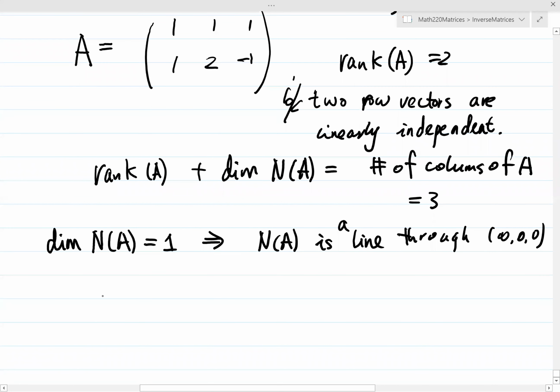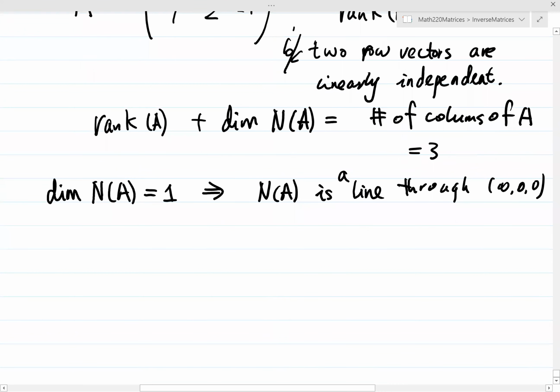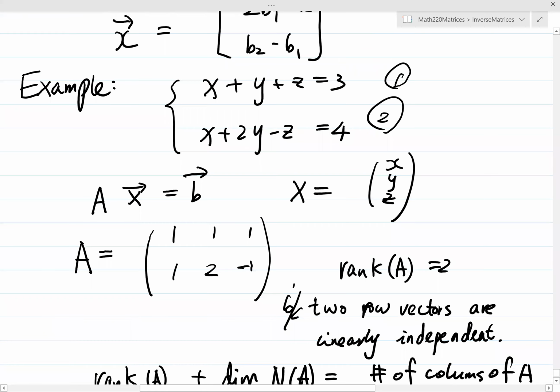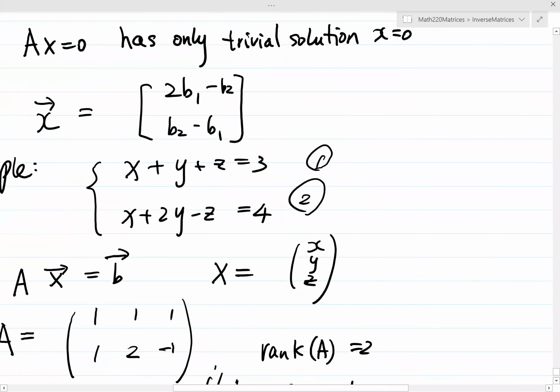So we can find a particular solution. This is very easy to find. For instance, you can use trial and error, because here there are many choices. So for instance, we write z as 0. There are many solutions.